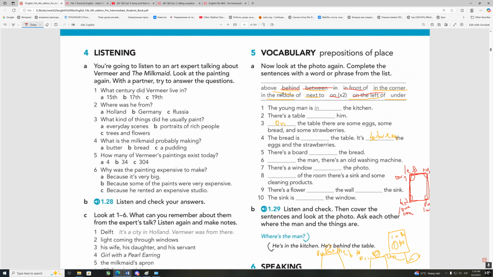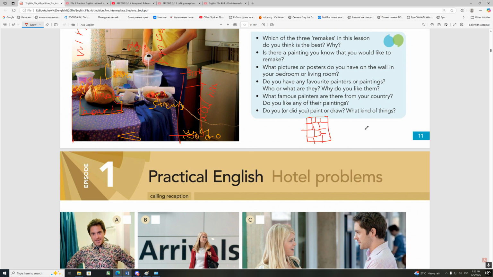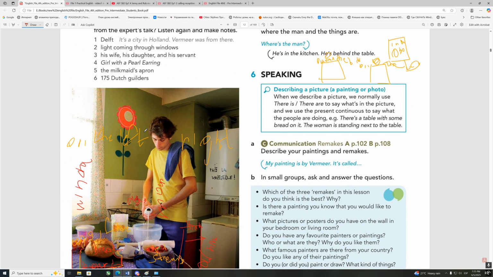We have the options above, next to, in the middle, on, under, and in the corner. What is logical? Above. Okay, in the air.